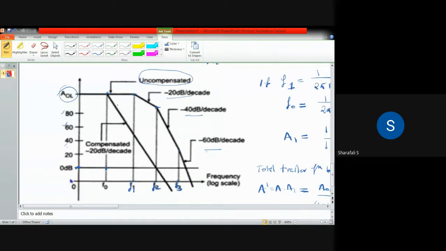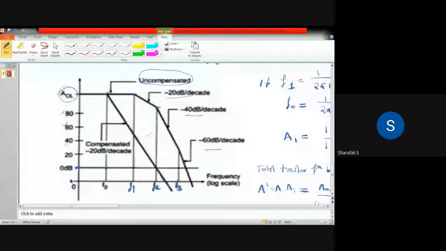Remember that there is no variation in your slope even when it reaches f1, and the width has been increased. Once it reaches f2, only then is it going to decrease by minus 40 dB per decade, so this has to be slightly deviated because f2 will be there.